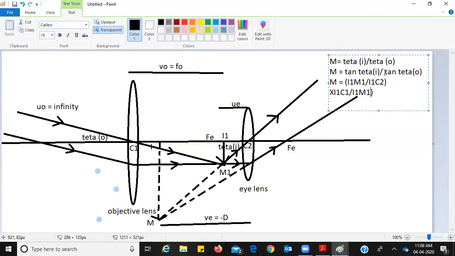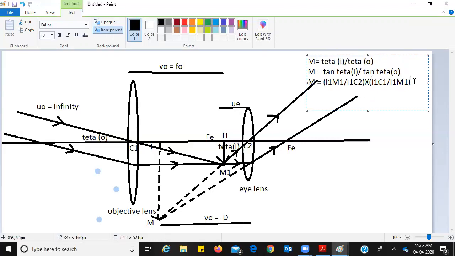So we can cancel M1. After cancelling, we'll get I1C1 by I1C2 is equal to FO by UE.